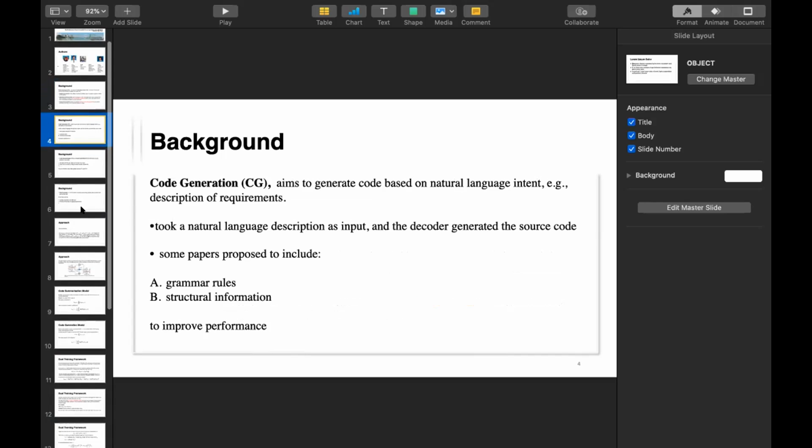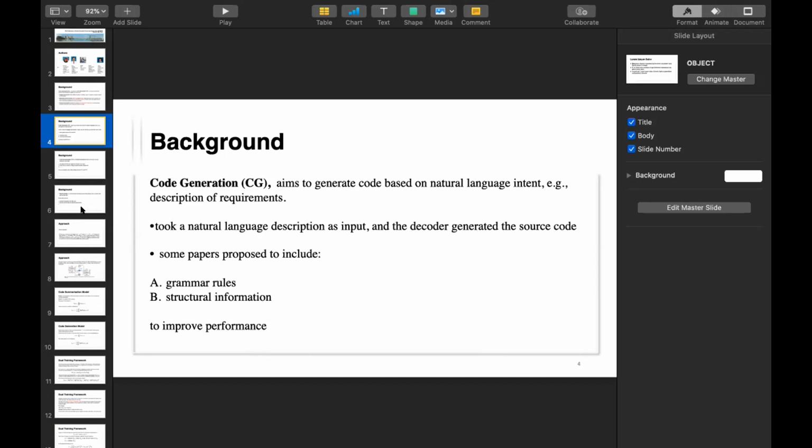And we also have code generation, which aims to generate code based on a natural language intent. For this task, almost all the methods use neural networks, which take a natural language description as input and use the decoder to decode the description into generated source code.